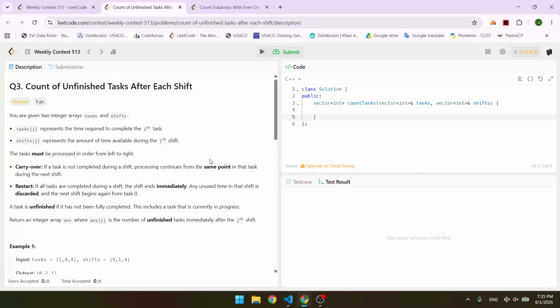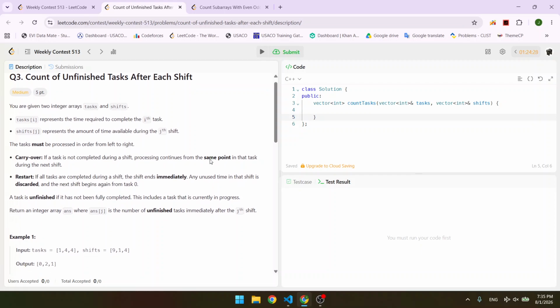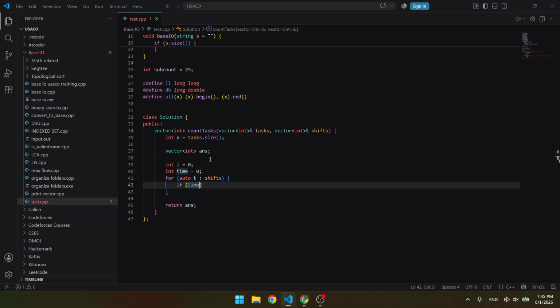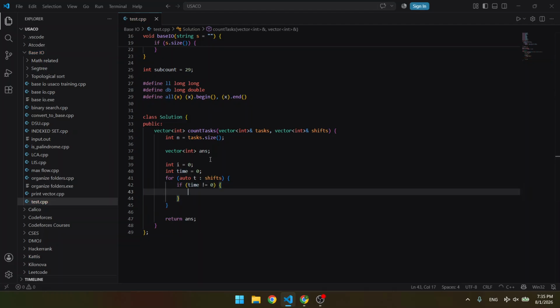If time, let's see, int need equals tasks i minus time.